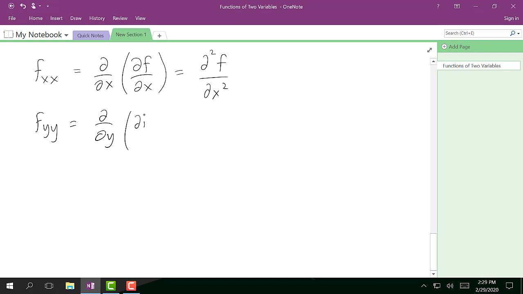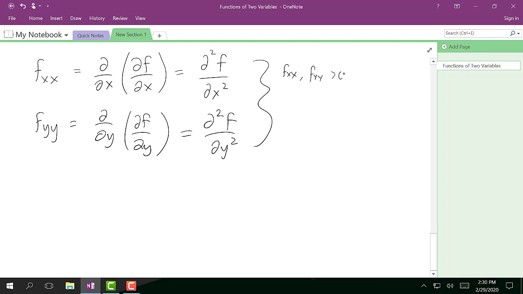I'll go through this a little bit quicker. But I suppose I should explain these real quick. So if f x x or f y y is positive, our graph would be concave up at that point.